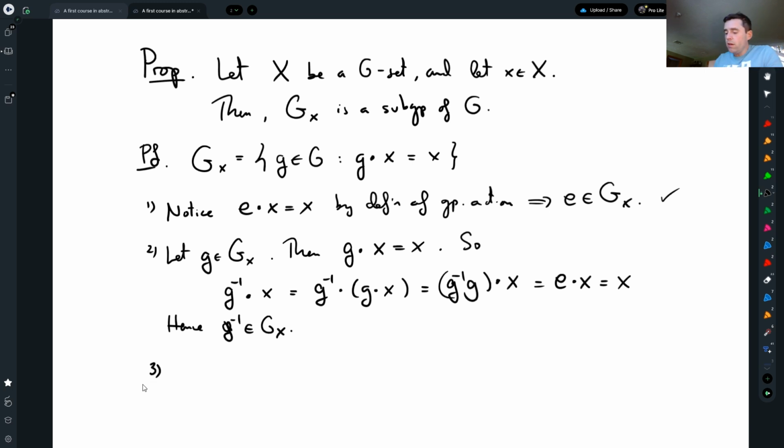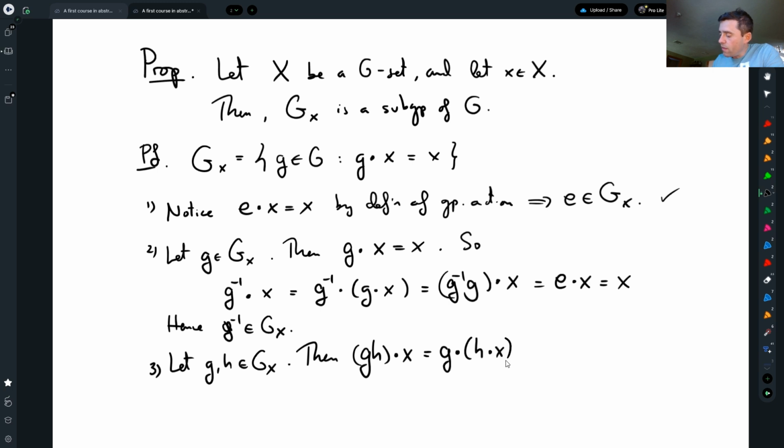And three, suppose g and h are in the stabilizer. I want their product to be in the stabilizer. Well, let's see what happens if I do gh dot x. The action is associative, so I can act first with h and then with g. h acting on x is x because h is in the stabilizer. So this is just x, and g acting on x is x because g is in the stabilizer.